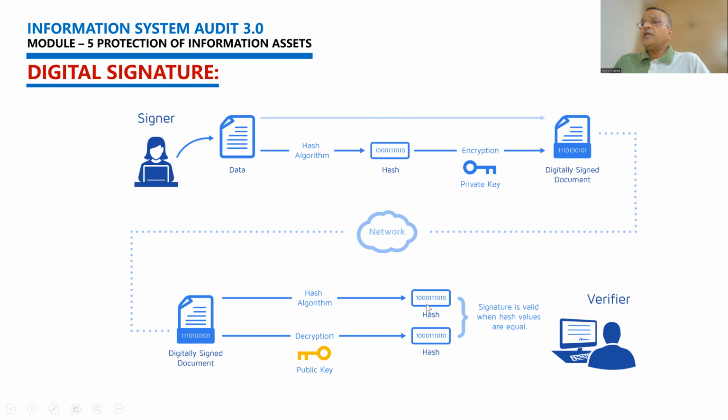If these two hashes are the same, it clearly means that the message has not been altered during transit. But if the hash which I generated differs from the hash which the verifier generates at the receiving end, this clearly means that during transit, the message has been altered or changed.